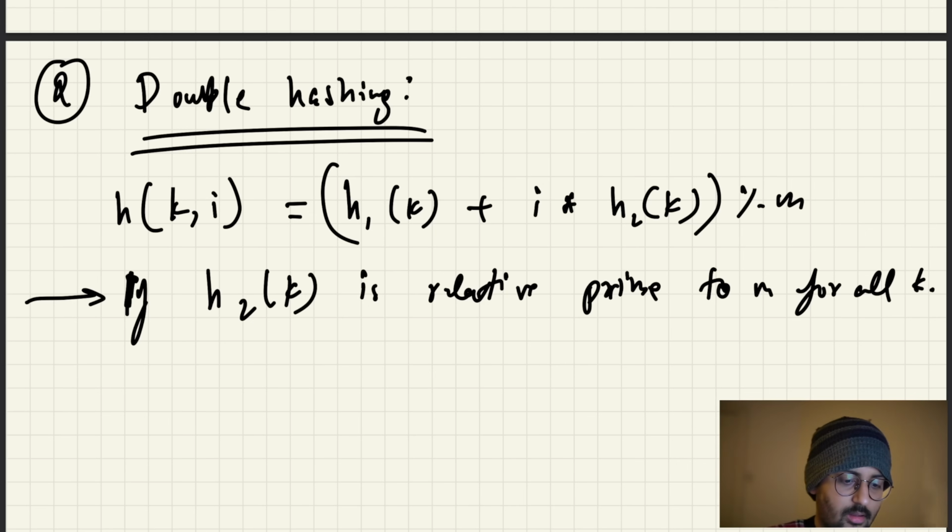Okay. Why is this going to hit all the slots of the permutation if this thing is relatively prime to m?